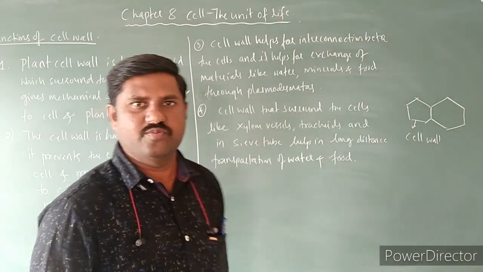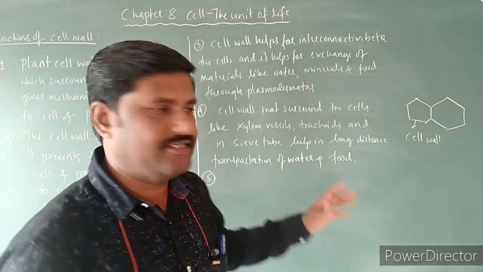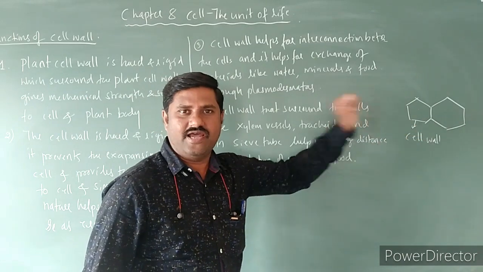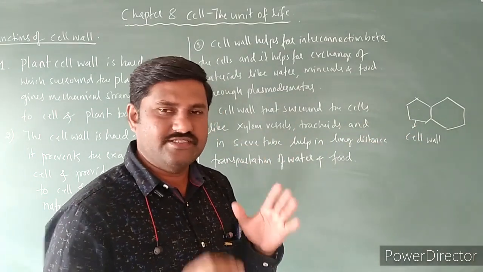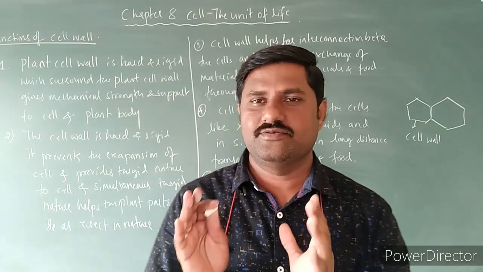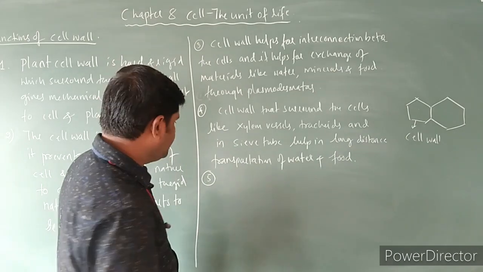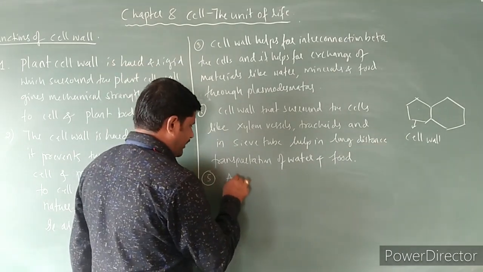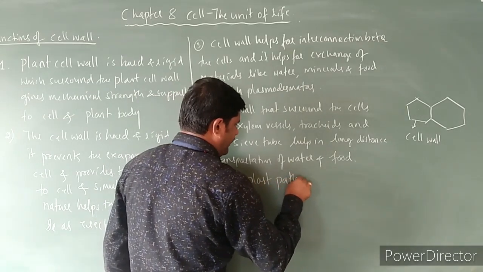So this is also one more function of the cell wall that surrounds plant cells like xylem cells and tracheids that are present in plants. And the cell wall also helps for the apoplast pathway.